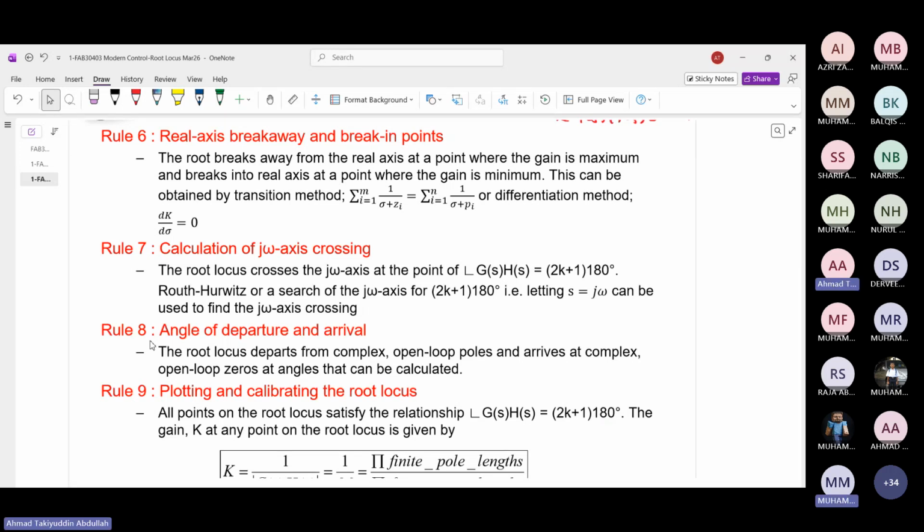Some of the plot will not be within the consideration of rules 6, 7, and 8. Okay. One of the ways you can know about the existence of the real axis, breakaway, and break-in point is by looking at your behavior at infinity.